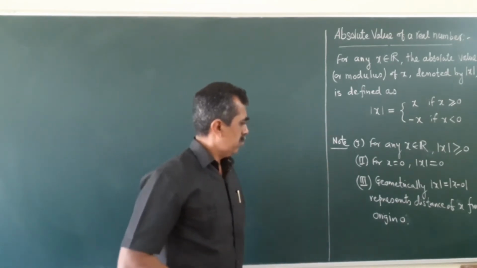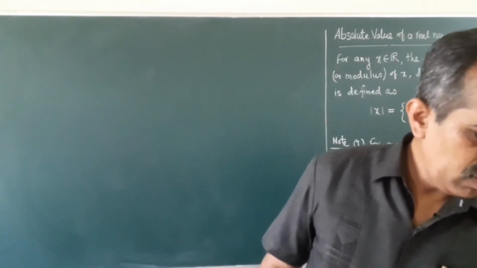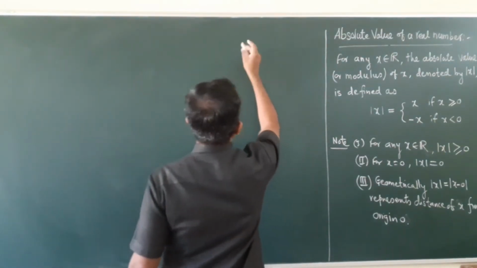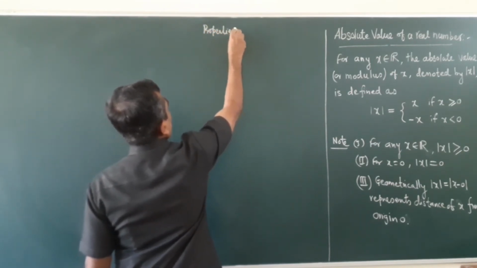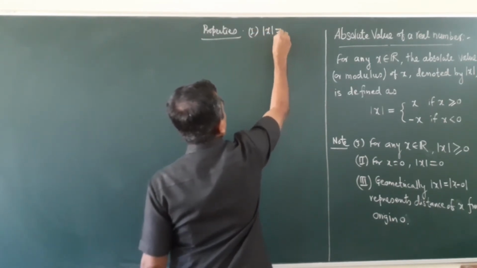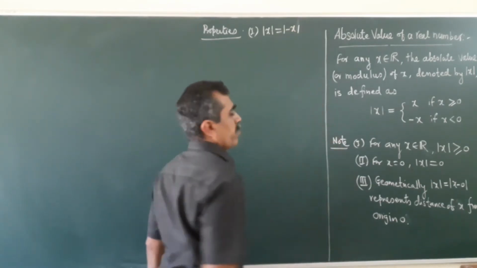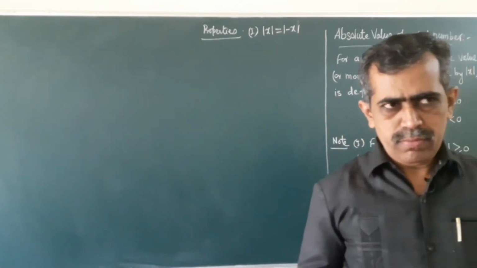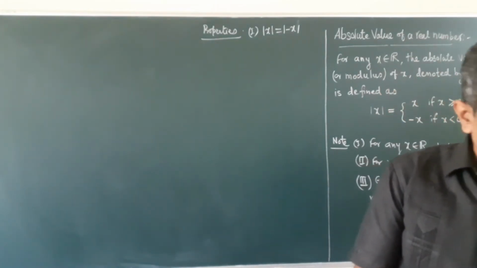Now, we will see some properties of modulus using this definition. See the first property: mod of x is the same as mod of minus x, just as mod of minus 5 is the same as mod of 5.